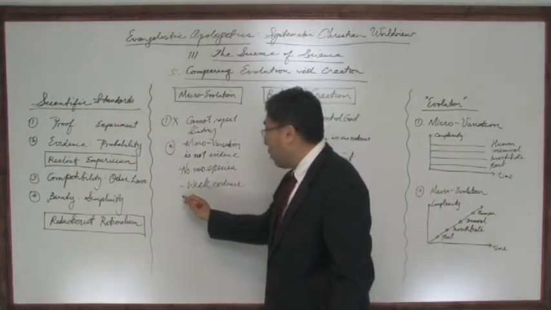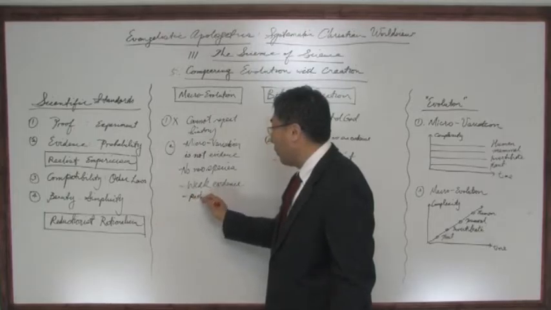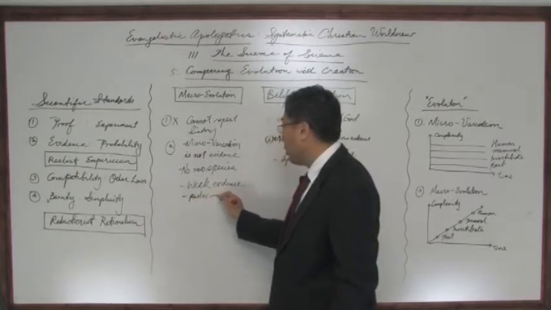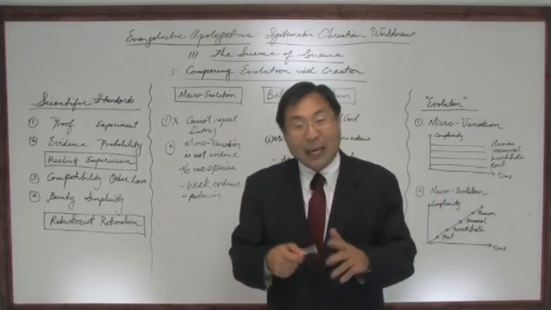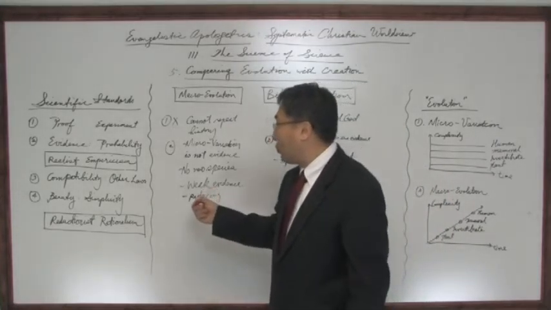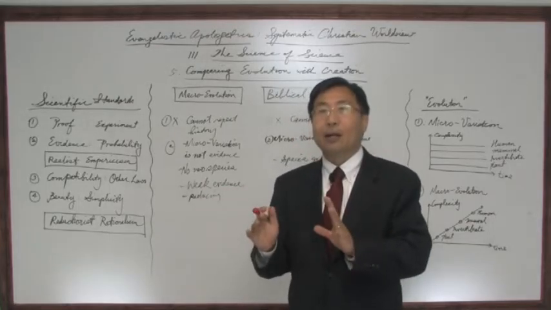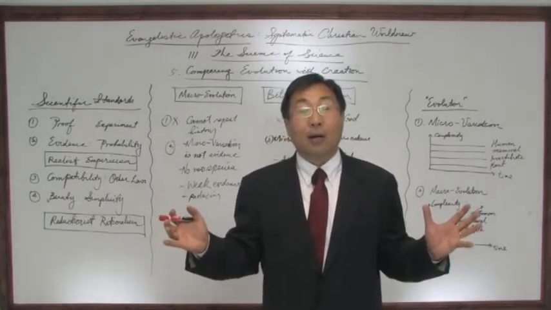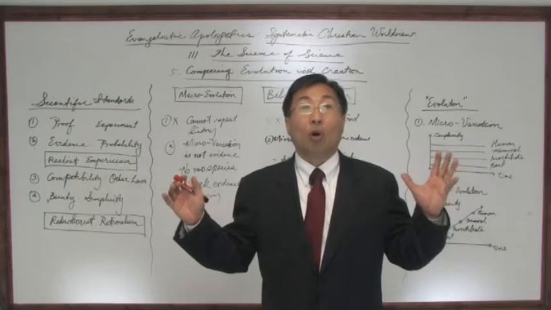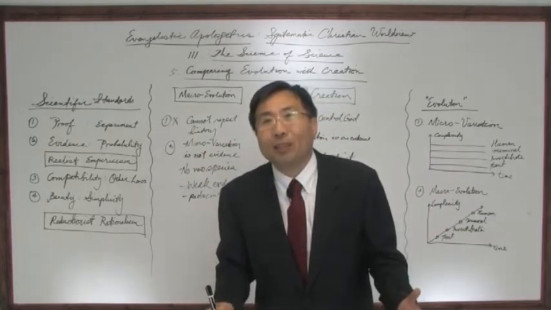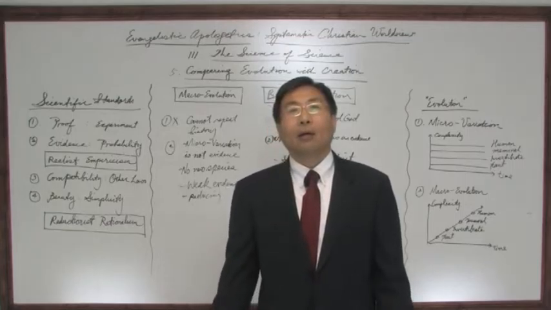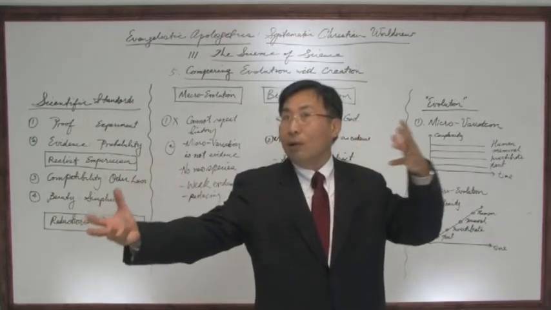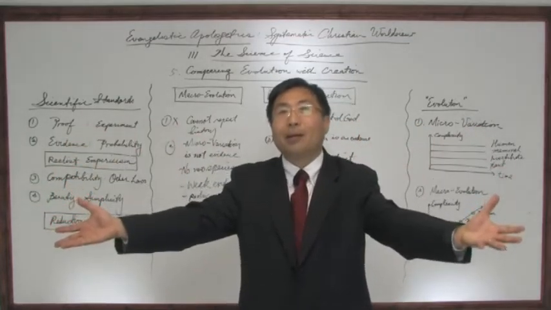And also, they are reducing. Why? Because what we used to think to be proofs of the missing link as ape man are now all debunked. The so-called Java man, we found out it is composed of two individuals separated by hundreds of meters.